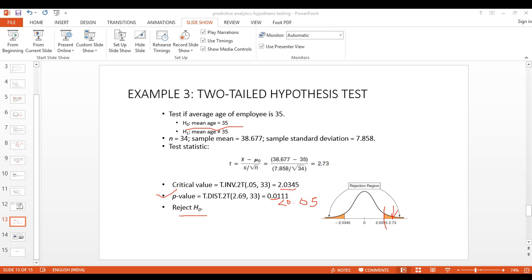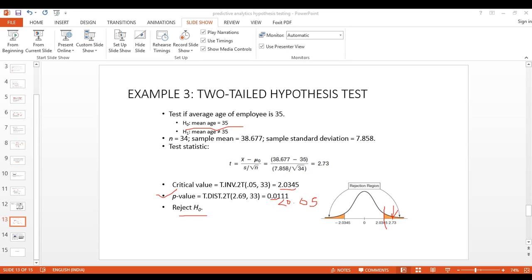Yeah, ANOVA single factor comes up. We input the whole range, group by column, labels in the first row, alpha is 5%, and then we click OK. Because the output option is new worksheet, you see the new worksheet has come up.